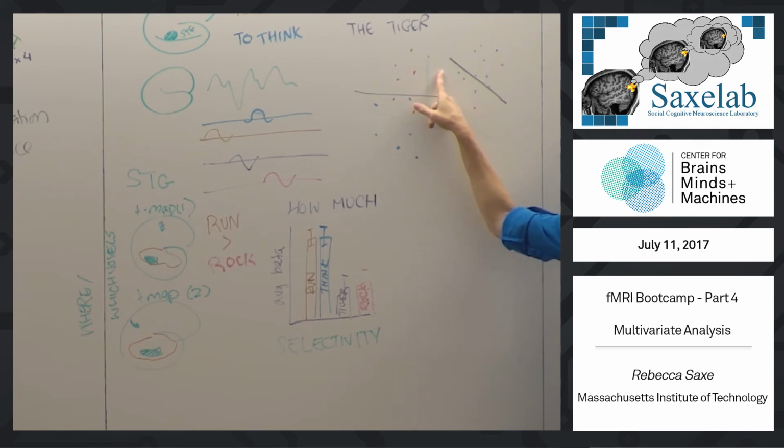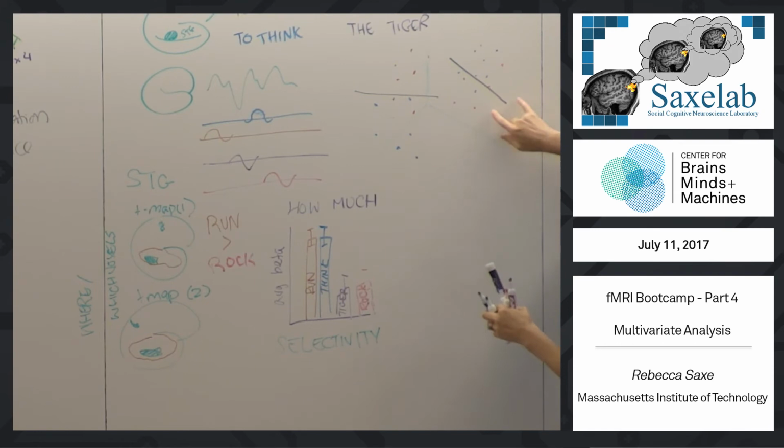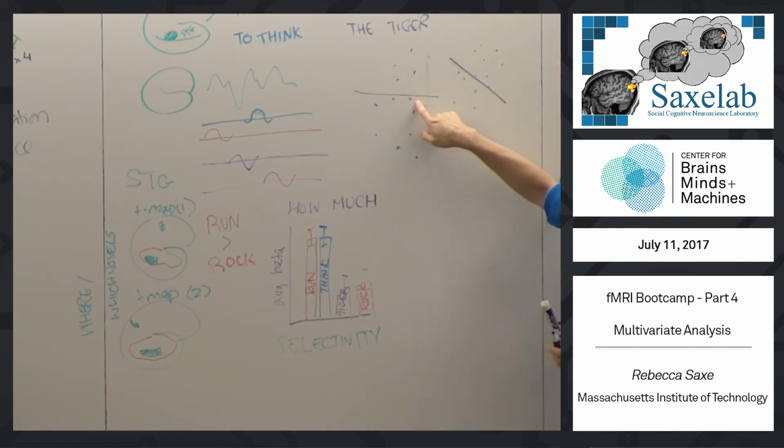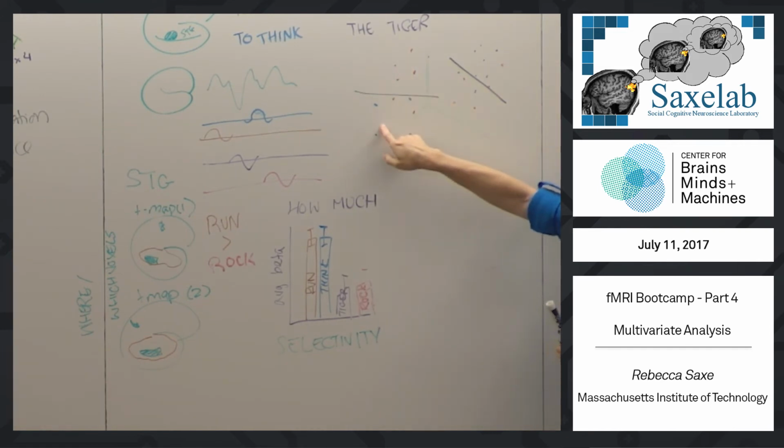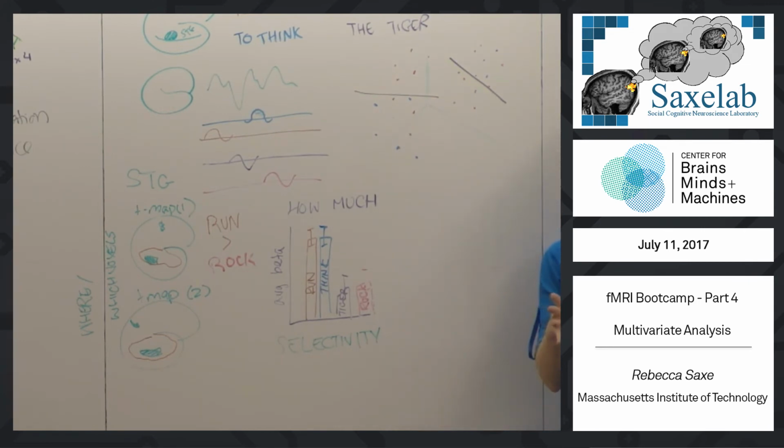Are people following that? We know those are in 2 different parts of the space because the dimension of average magnitude differs across them. So this is a plane best separating rocks and tigers. And this is a plane best separating running and thinking, right?